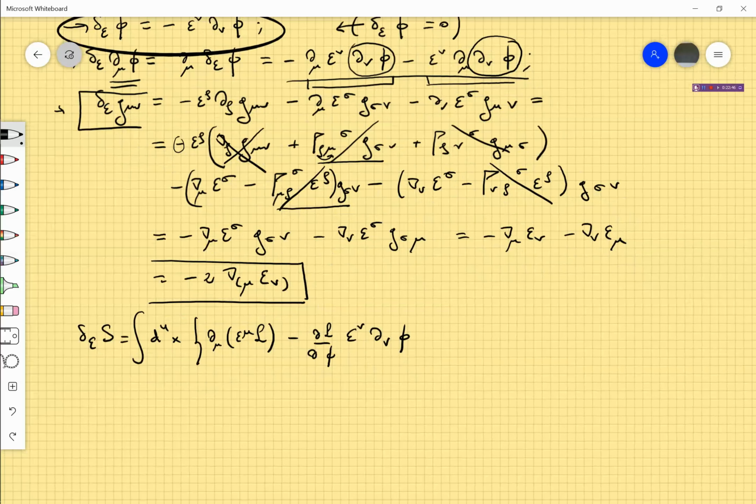The next term also carries a minus sign, partial L, partial phi, and whatever is inside of this.